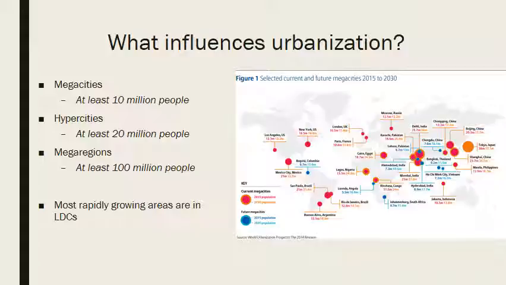As of right now, we have 9 hypercities, or urban areas with a population of 20 million or more. And then we have these areas called mega regions that are starting to develop, which have populations of 100 million or more. And as we talked about in the population section, the most rapidly increasing areas are those in lesser developed countries.